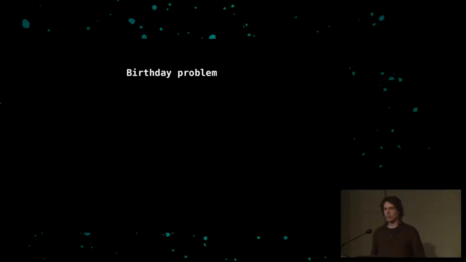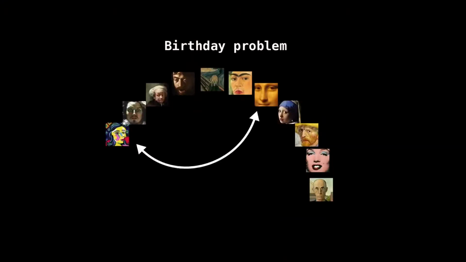The intuition is very much like that of the birthday problem, in which, in a surprisingly small group of people, the chance of 2 people sharing the same birthday becomes pretty high, faster than you would naively think.